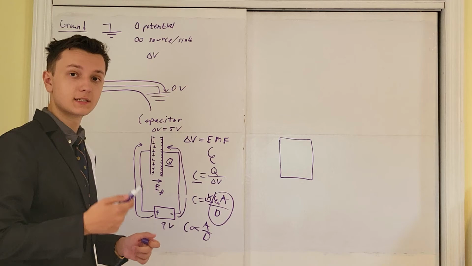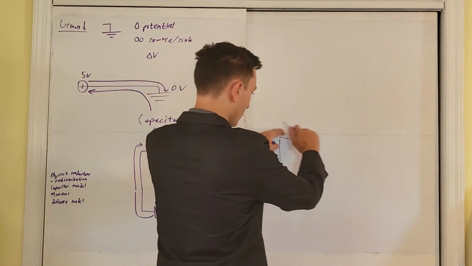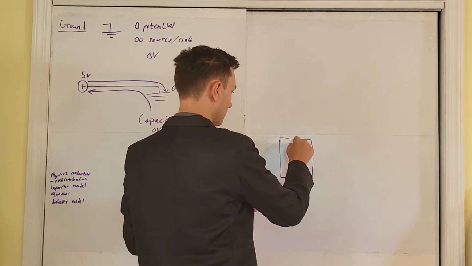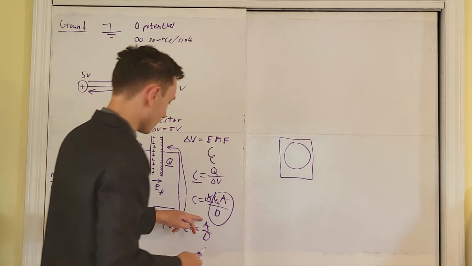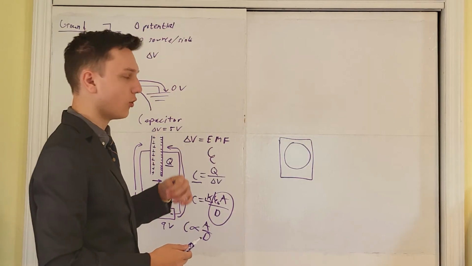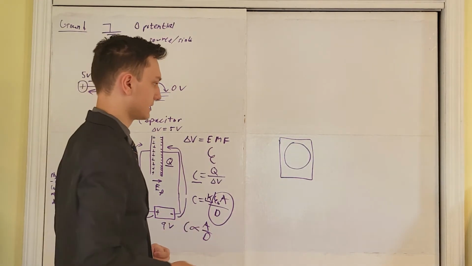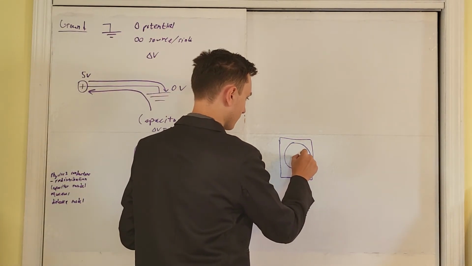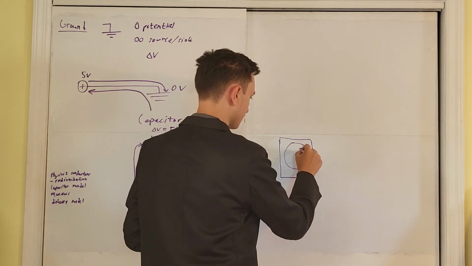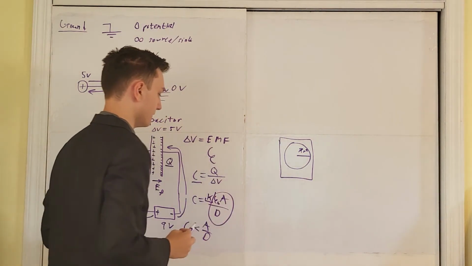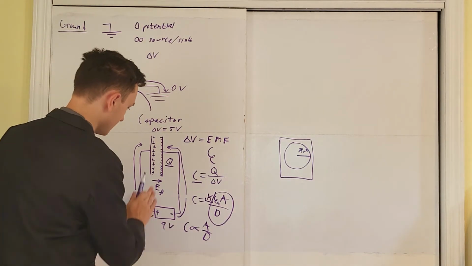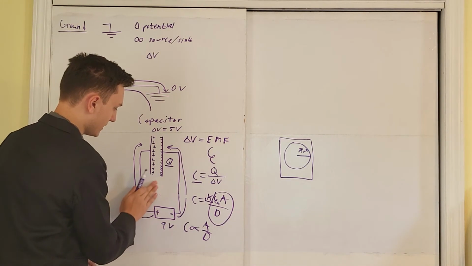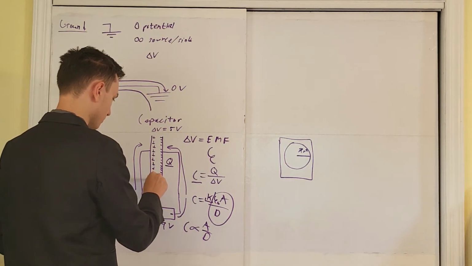But in the off chance that you don't, in the off chance that you're given one plate that is bigger and one plate that is smaller, like a circle, the area in this equation is a reference to the overlapping area between the two plates. So in this case, the overlapping area would just be this pi r squared, the area of the circular plate. Okay? The distance is the separation, the distance between the two plates.